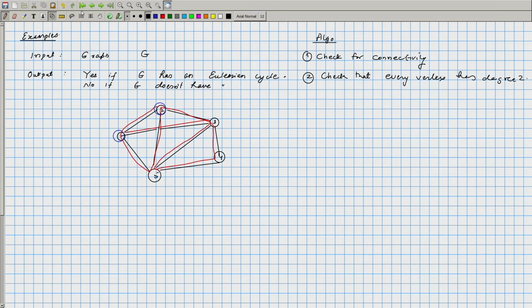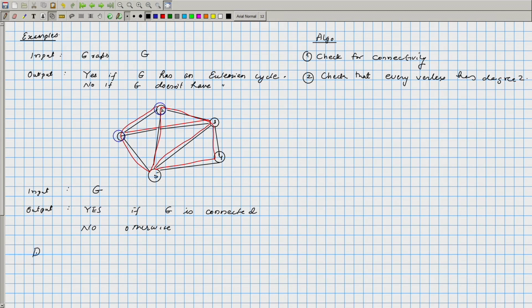Let us take another example. The input is a graph again, and the output should be yes if G is connected and no otherwise.